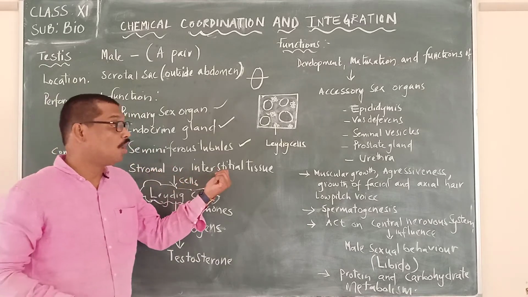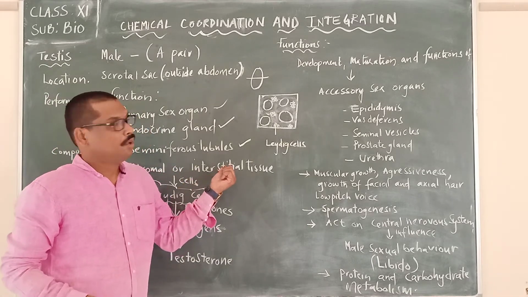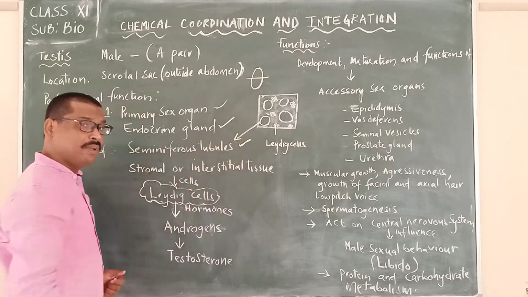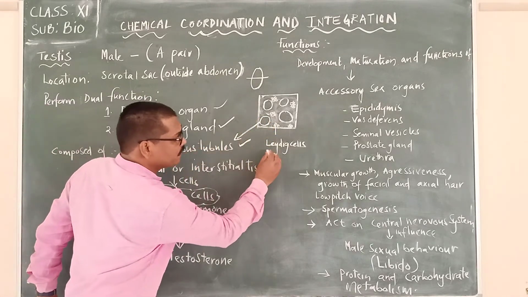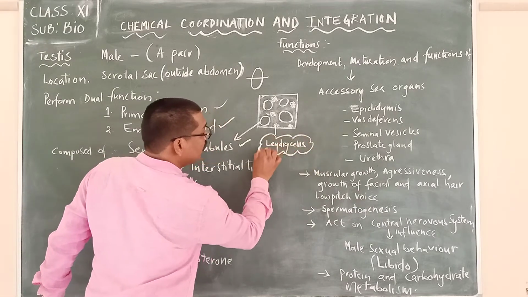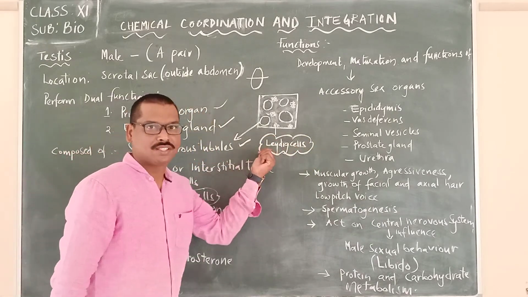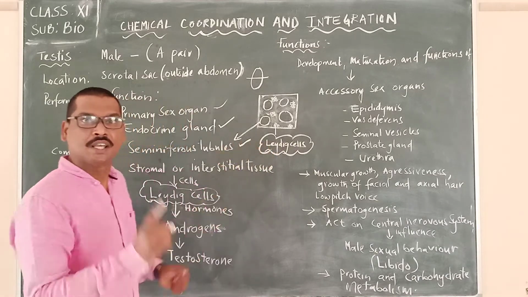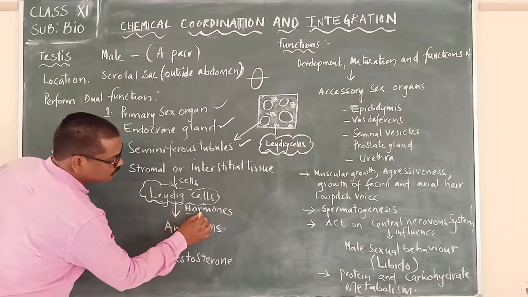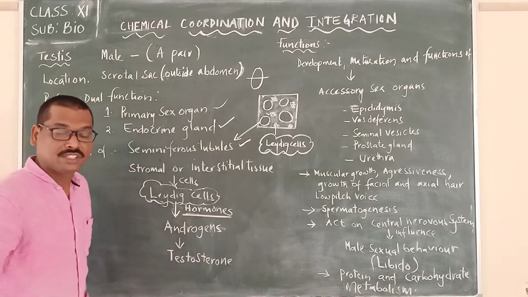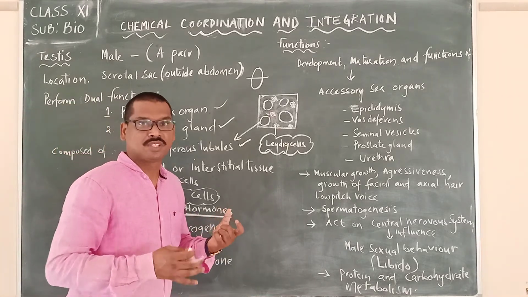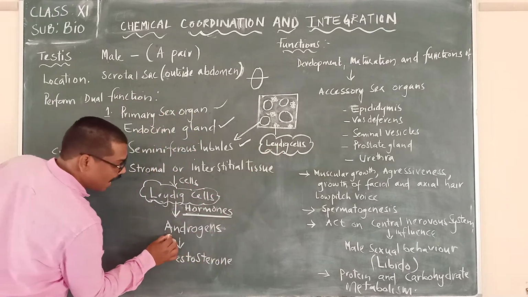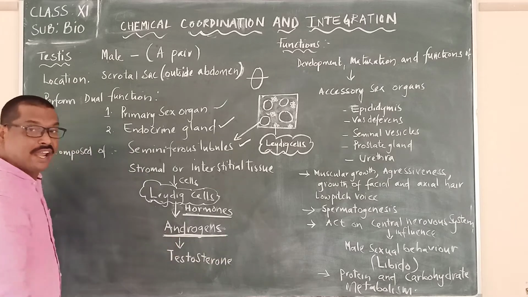These are the Leydig cells present in the peritubular spaces, otherwise the stromal or interstitial tissue. These are the seminiferous tubules, so outside the seminiferous tubules we see the Leydig cells. Leydig cells are very important cells. It is these cells which help in producing the hormones, and the hormones produced by the Leydig cells are called androgens.